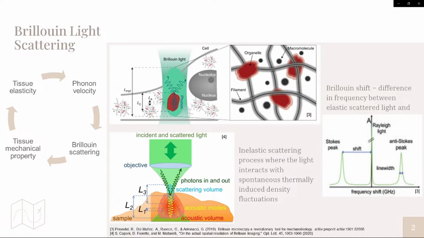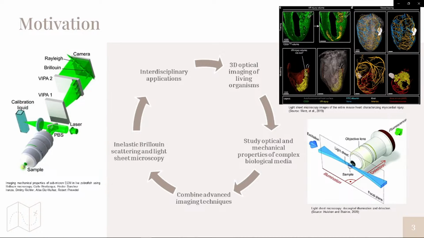So what is the motivation behind such a project? We know that 3D optical imaging of living organisms is constantly done, and it's done in various ways like light sheet microscopy or confocal microscopy. And these are also used to study the optical and mechanical properties of these complex biological media. But many times, most of these techniques are quite invasive.